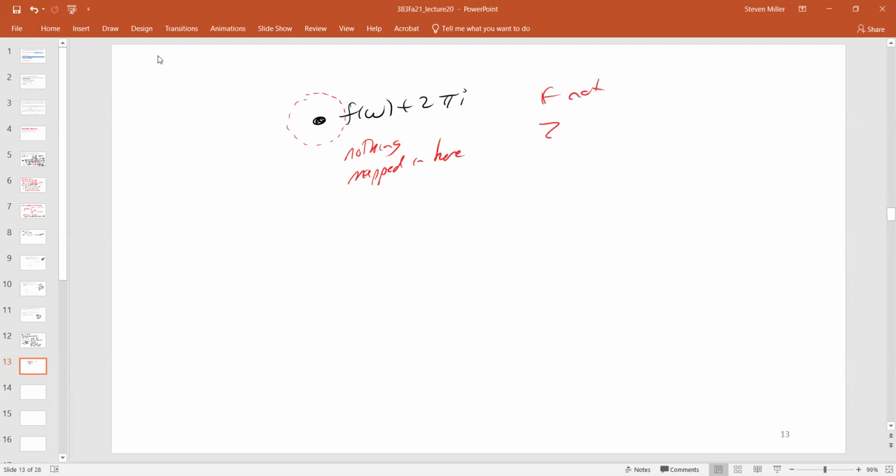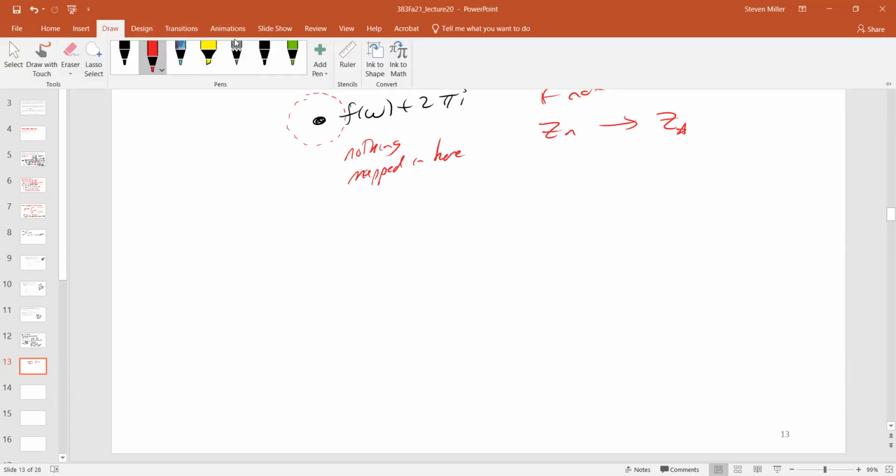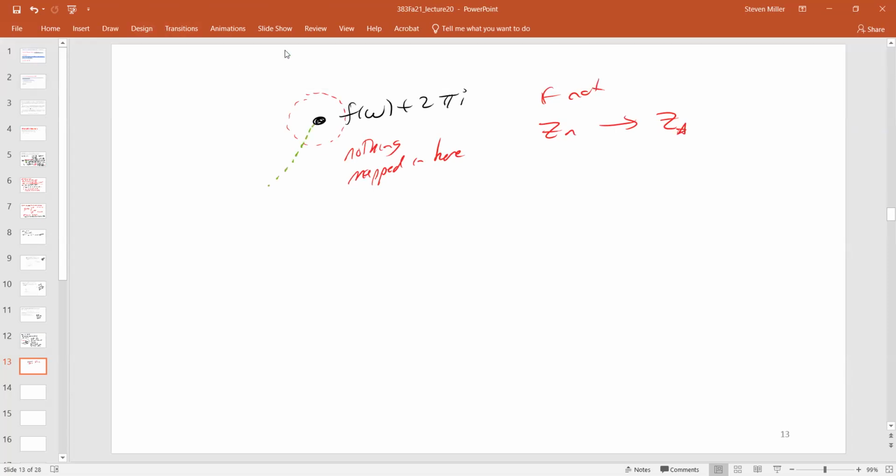If not, you would have a sequence of points z_n converging to some, say, z star. And if you had a sequence of such points, no matter how small the radius were, you were coming in like this, it would violate injectivity. So you just go through and you see that you can't have something like that. So you have to omit not just f of w plus 2 pi i, but a small little ball about that.